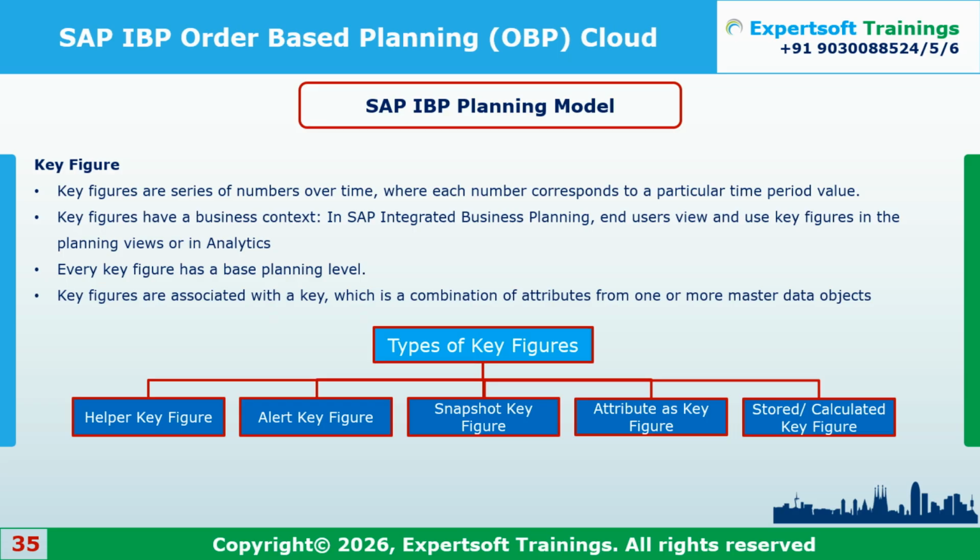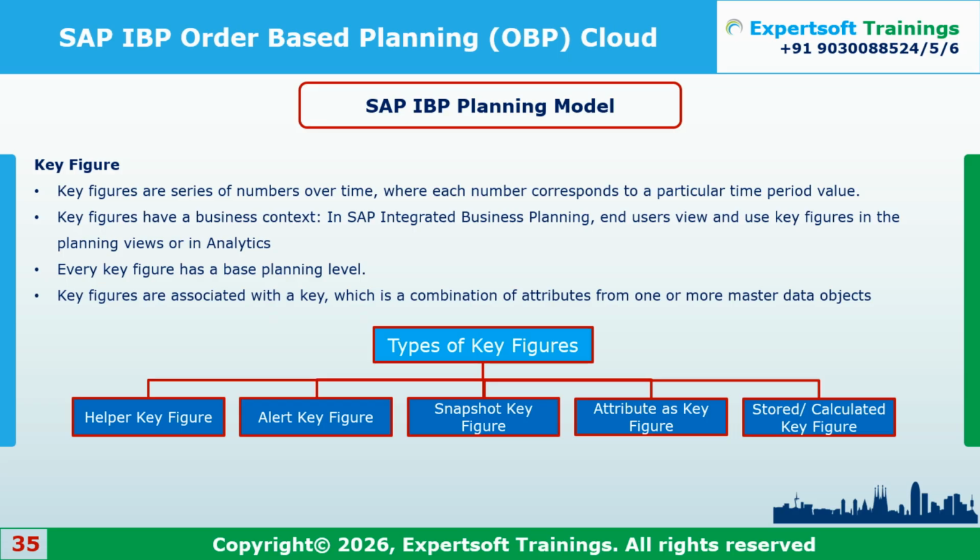It starts with H. Any other criteria to identify a helper key figure? It will always start with H. You are right. And a helper key figure doesn't have any planning level as well, right?